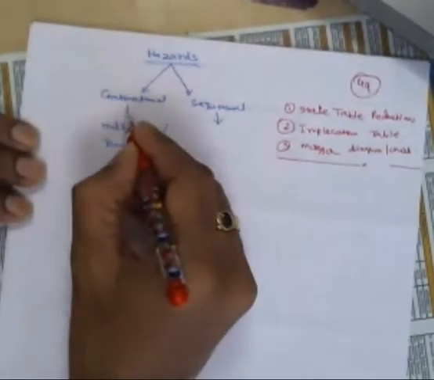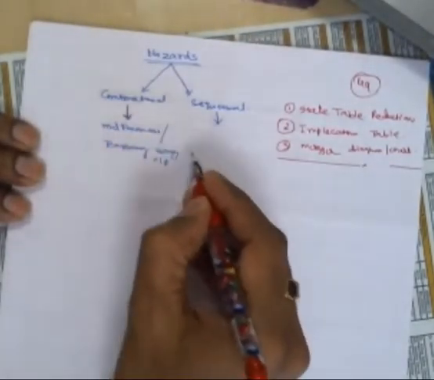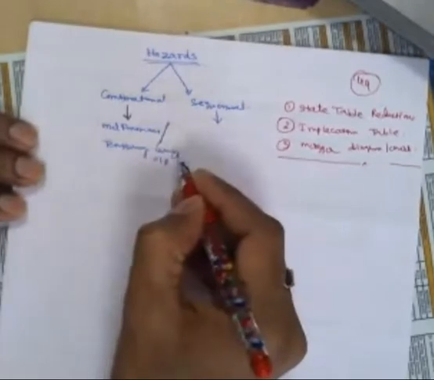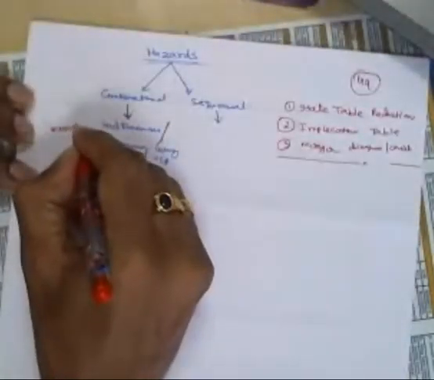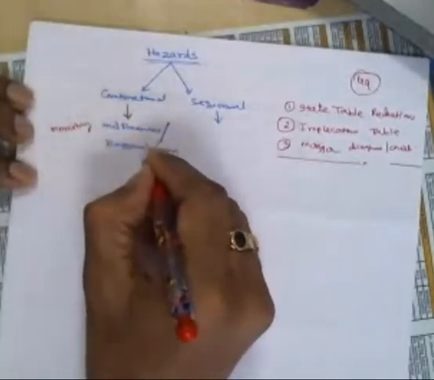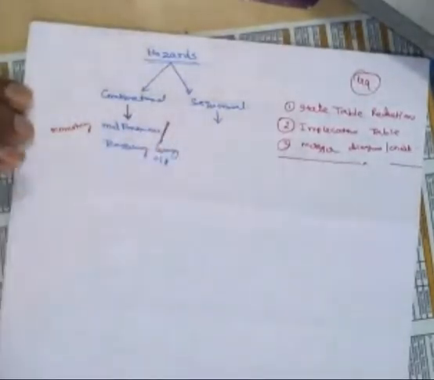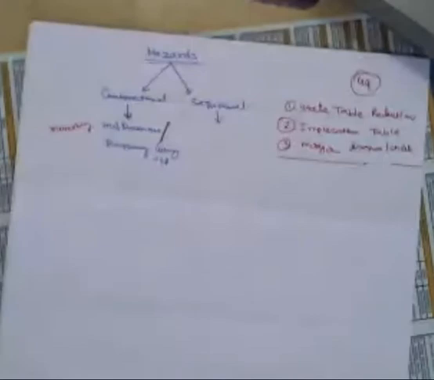If a hazard occurs in combinational circuits, it will perform a momentary malfunction or temporarily wrong output, meaning a very short period, and then it comes back to the original output.